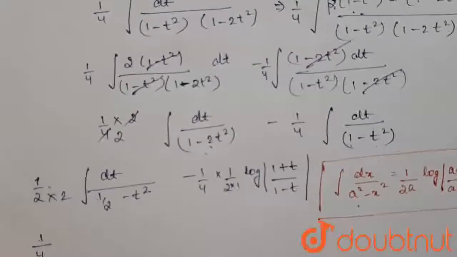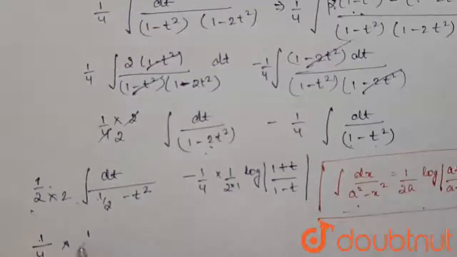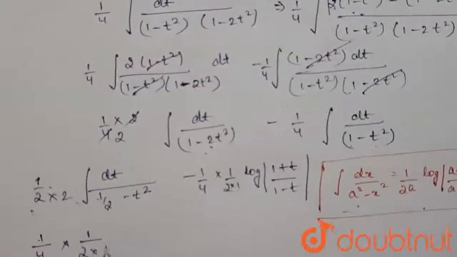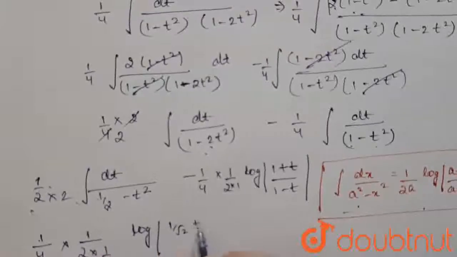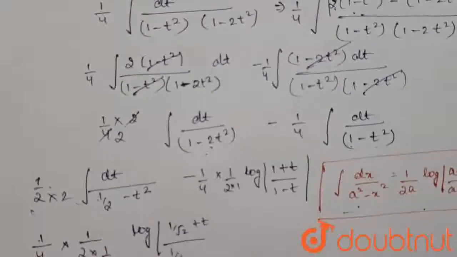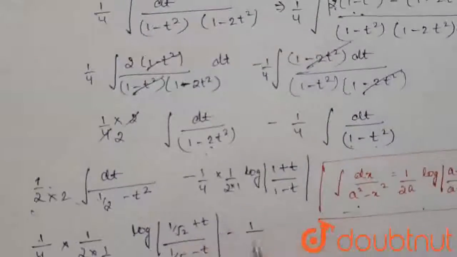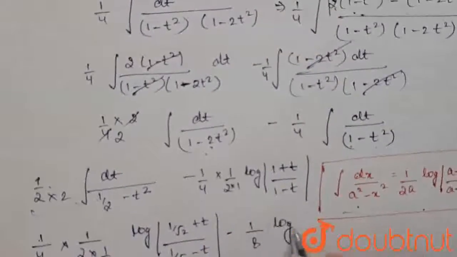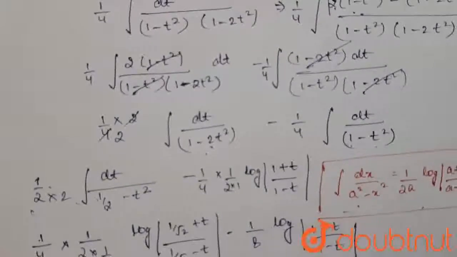So 1 upon 4 multiplied by, now we are using this 1 upon 2 times a. A is 1 upon root 2, log mod a plus x, a is 1 upon root 2 plus t upon 1 upon root 2 minus t, minus 1 upon 8 log 1 plus t upon 1 minus t.